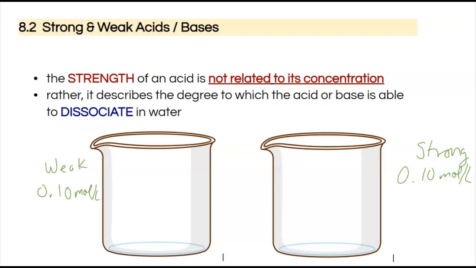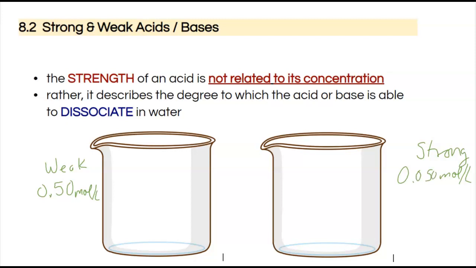Now, conversely, another scenario I might have is two acids, one where the concentration is, let's say, 0.50 moles per liter, and one where I have a concentration of 0.050 moles per liter.